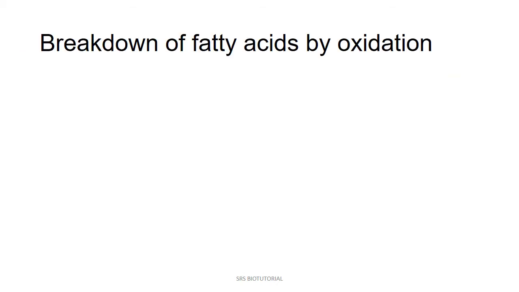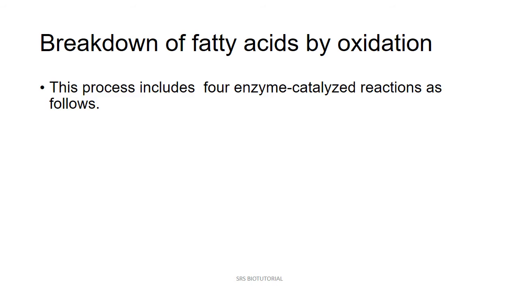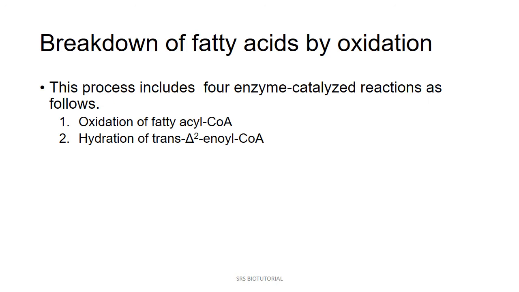The final step is breakdown of fatty acid by oxidation. This process includes four enzyme catalyzed reactions: oxidation of fatty acyl coenzyme A, hydration of trans-enoyl coenzyme A, oxidation of β-hydroxyacyl coenzyme A, and thiolysis.